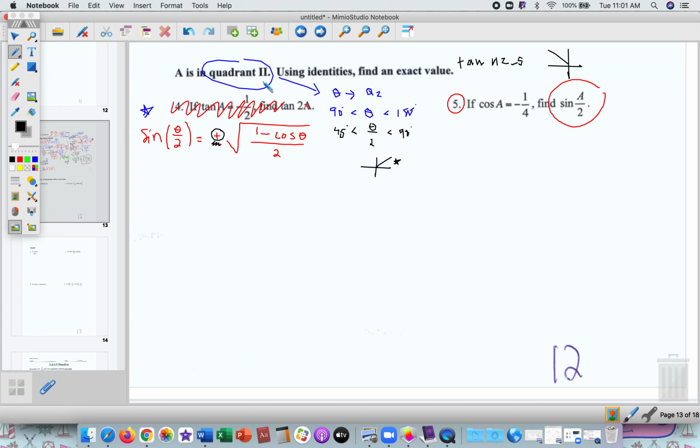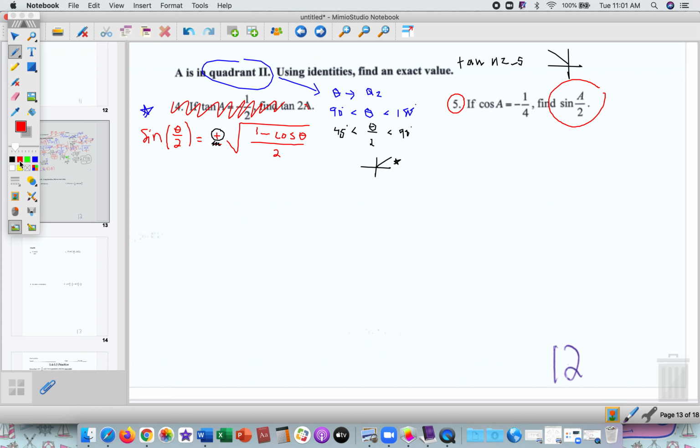The original triangle is in quadrant 2, so it's between 90 and 180. If I'm trying to find theta over 2, I have to divide the original angles in half. Theta over 2 is between 45 and 90, so we're looking in the first quadrant, and the sign should be positive. So you want to determine in the beginning whether your sign is going to be positive or negative.